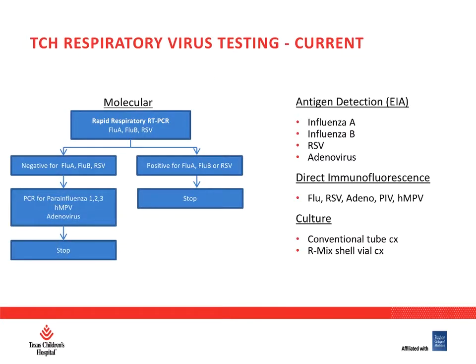So our current state right now for respiratory virus testing, as I've shared with you, we have this rapid flu RSV PCR that we use. We've done away now for the last several years with antigen detection, so we don't do any more flu, RSV, or adenovirus antigen detection. We've also discontinued direct immunofluorescence testing for respiratory viruses and have moved now from conventional tube culture to R-Mix for respiratory viruses.